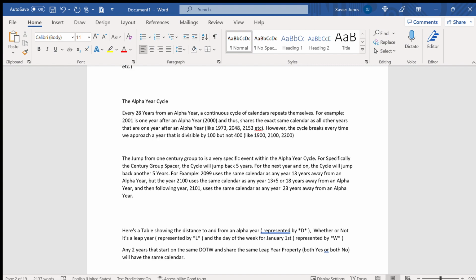So it'll jump back 5 years. Technically, it jumps back 6 years because it would be 12, but then you add 6. Does it jump back 6? I guess it jumps back 6 years. 12 plus 6, or 18 years away.